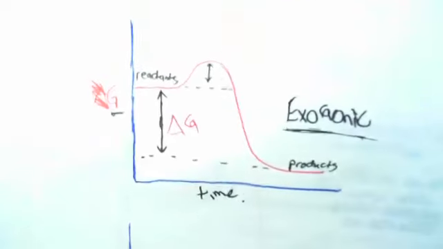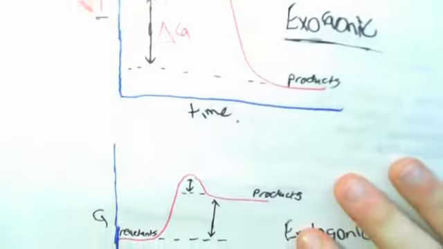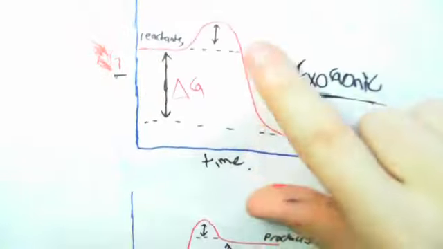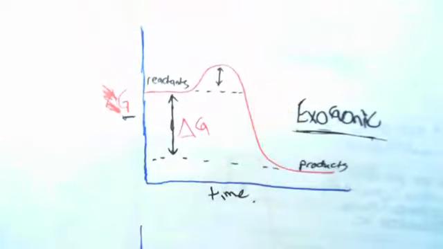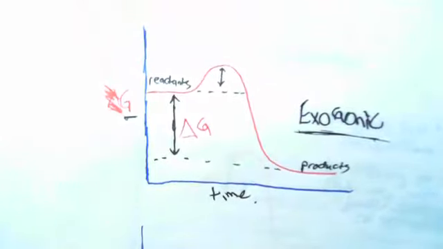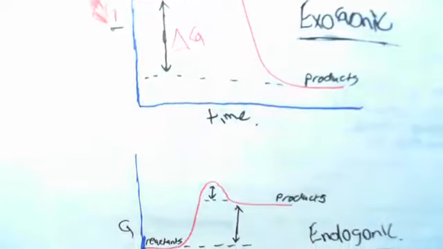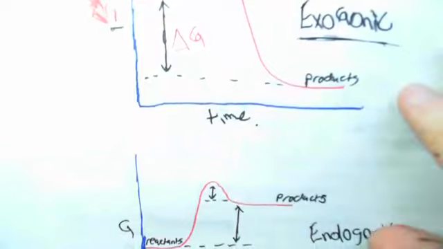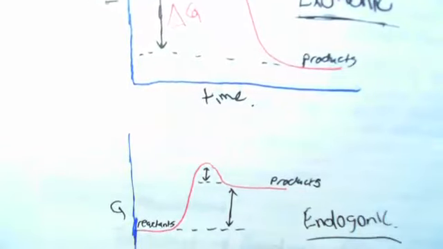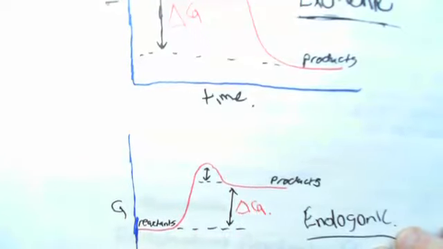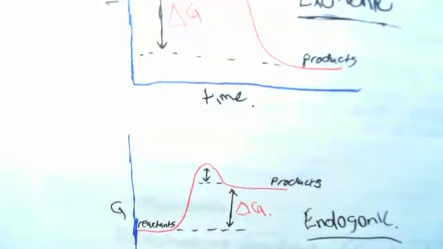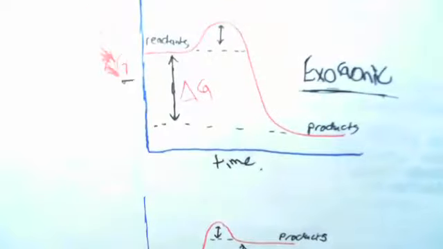Now you would have noticed in both of these they had little humps above the products and reactants. This has to do with what's called the activation energy, and it's a very important quantity when we start talking about kinetics. So the thermodynamics, or the energy change in a system, which is these delta G's here, no matter what you do, they're fixed.